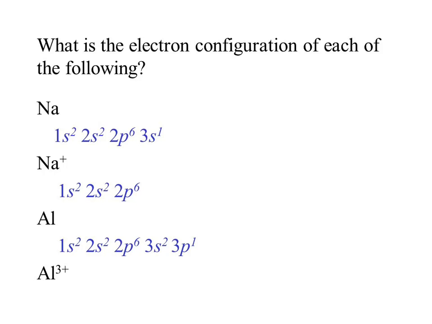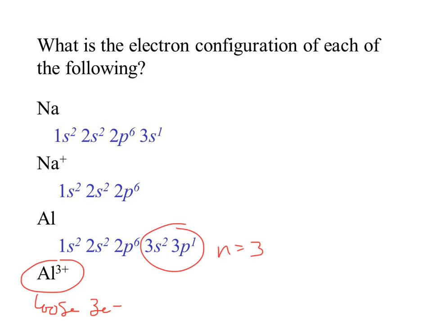So again, in order to really have the best shot at saying, well, what happens when you lose 3 electrons, I think you have to say what it is like when it has all of its electrons. So the highest n is equal to 3. So actually, the 3 electrons that are going to go are here.